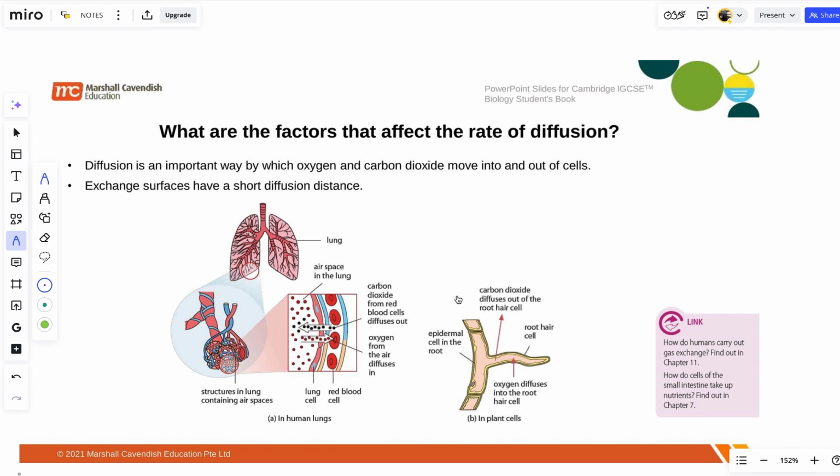What are the factors that affect the rate of diffusion? Diffusion is very important. It is an important way by which oxygen and carbon dioxide can move into and out of the cells, like the lung cells.